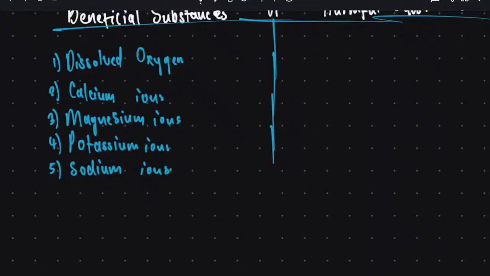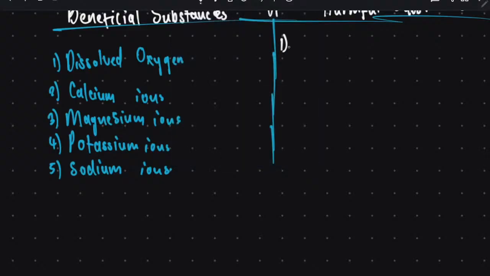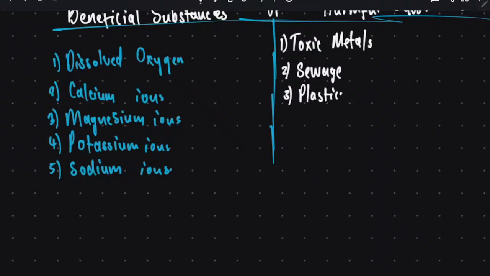Then comes the toxic, bad things found in water. You can just say toxic metals. Toxic metals. Then you have sewage. Then you have plastics. Then 4 and 5 would be nitrates and phosphates.